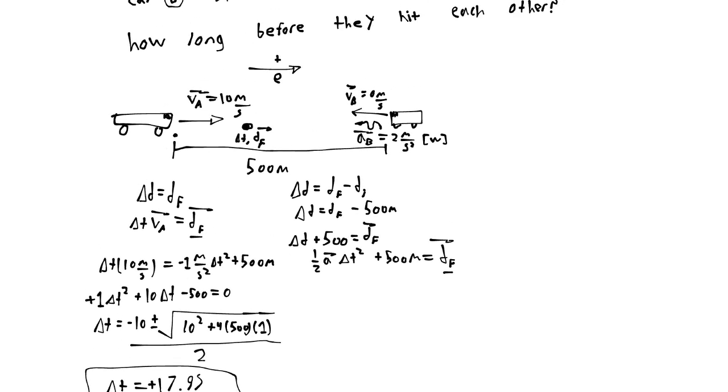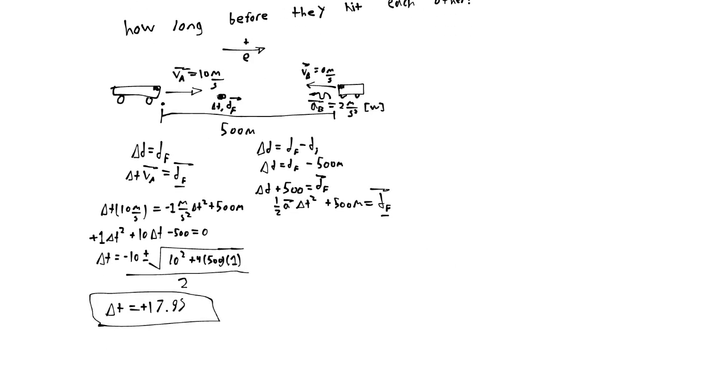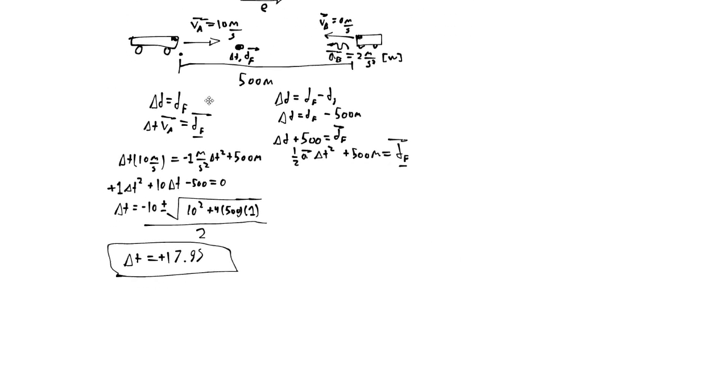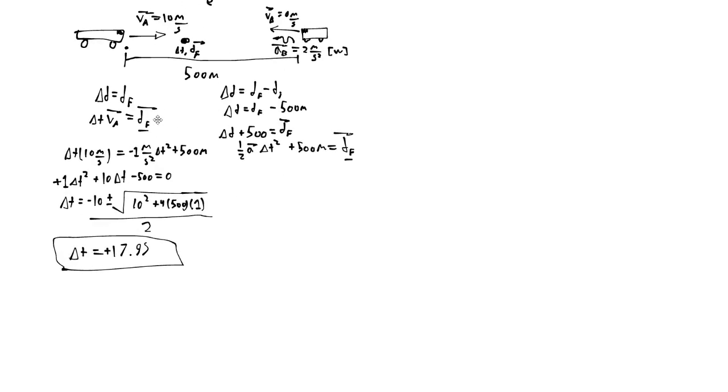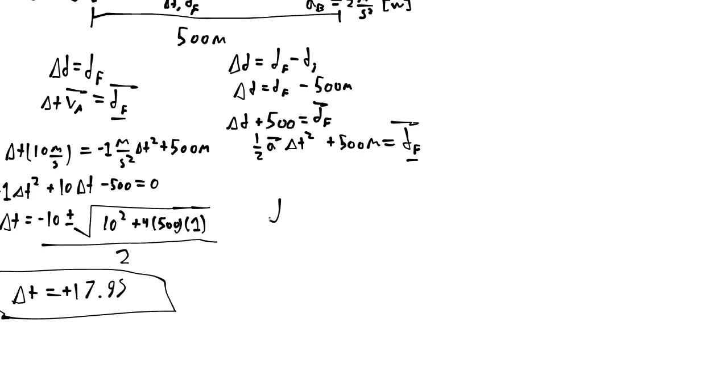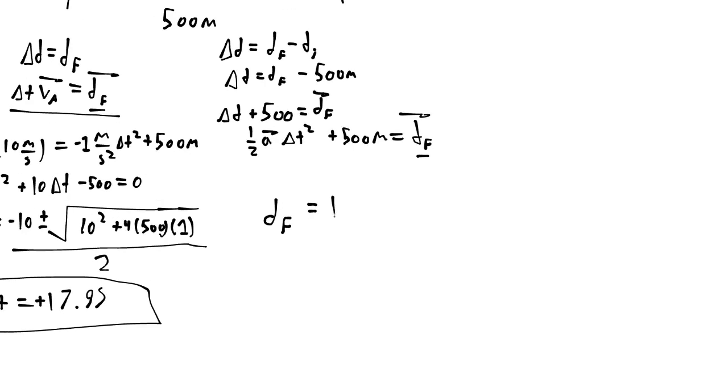So let's say, what is the displacement for car A, which is kind of like the crash site, right? What is the position, we'll say. So for this one, you would say df equals, we'll use this one because it's probably the easiest, so 17.9, and you'd want to use all the decimals.